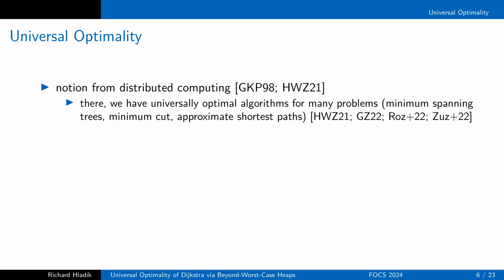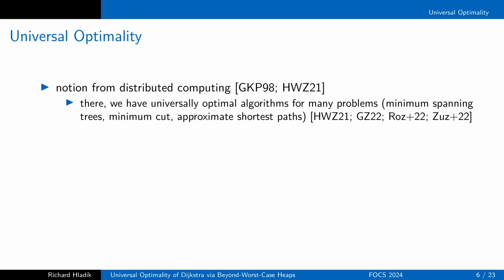And now we actually have universally optimal algorithms for a lot of basic problems. But interestingly, and I'm not 100% sure, we think that our result is the first such result outside of the distributed computing setting.